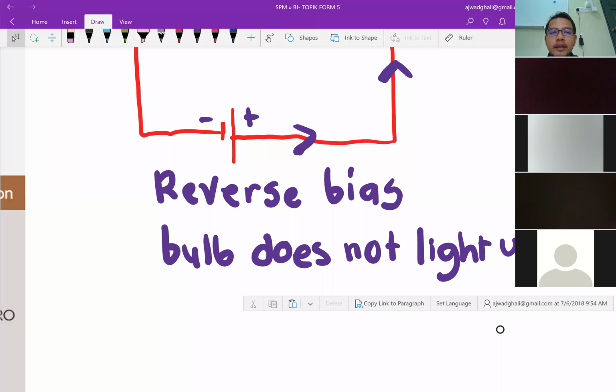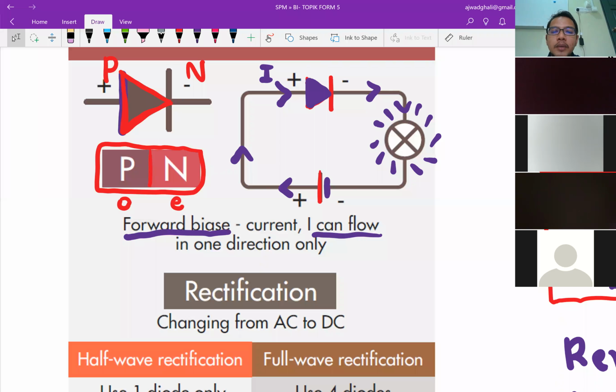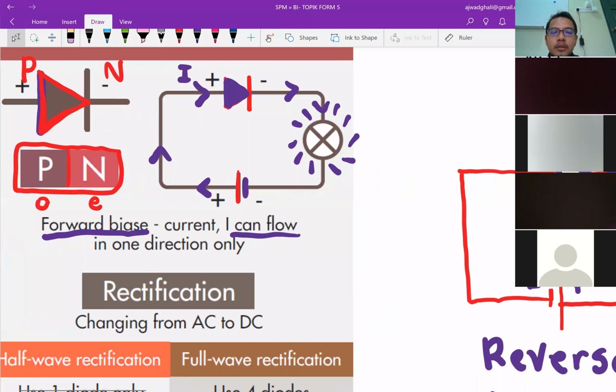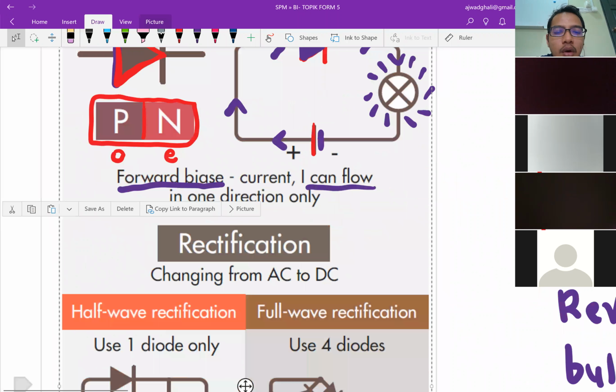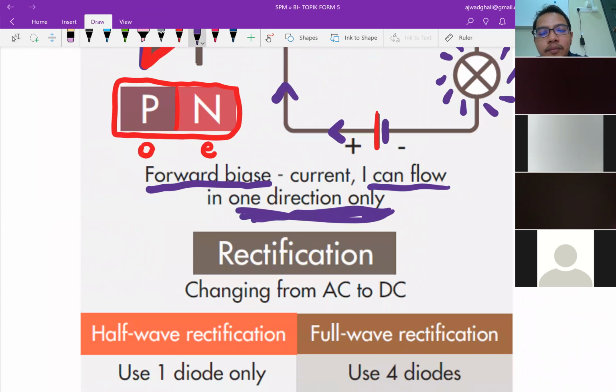So forward bias is when the current can flow, following the arrow of the diode, and reverse bias is when the current cannot flow through the diode. Therefore, a function of a diode is to make sure that current only flows in one direction.